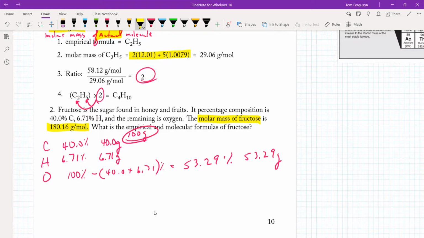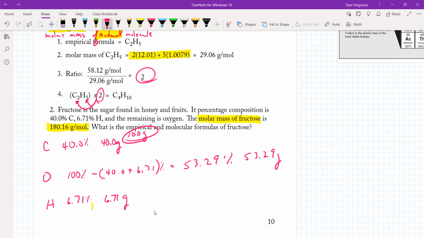Okay, so we're going to take, I should have given myself more room here. Let me try to do this here. Give myself more room.